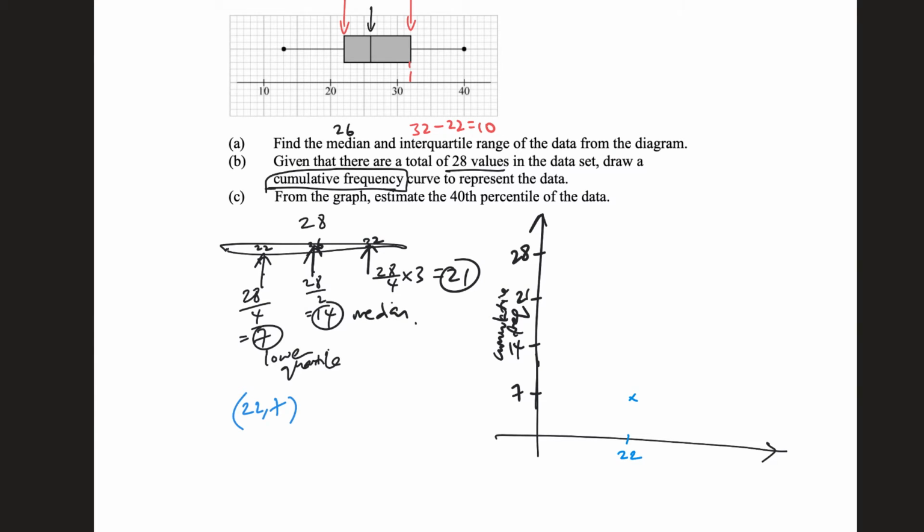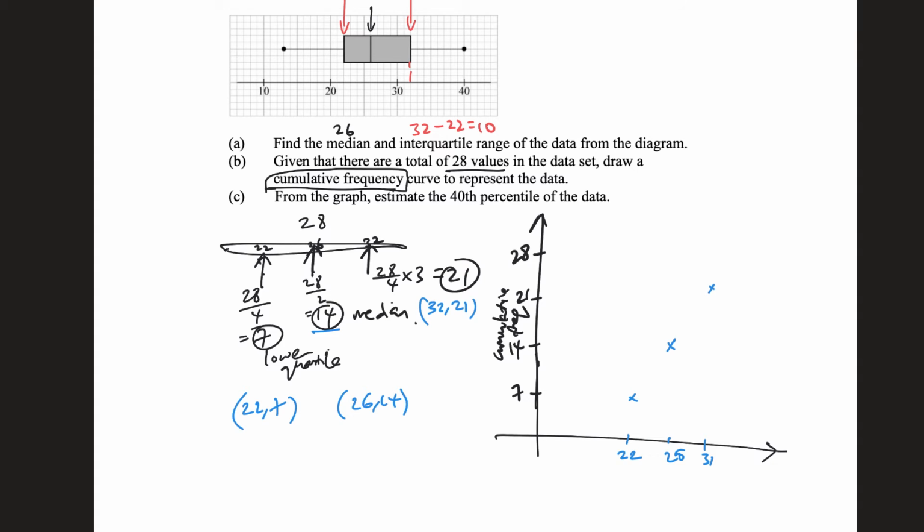This is one point. Then at my 14th value, I'm really plotting 26, 14. And then over here, I'm really plotting 32, 21. So at the 21st value, it is 32.